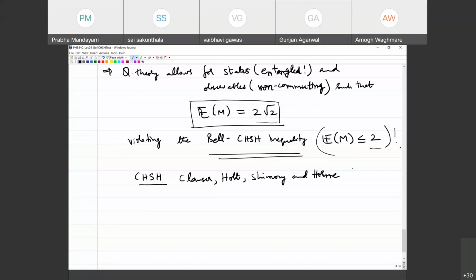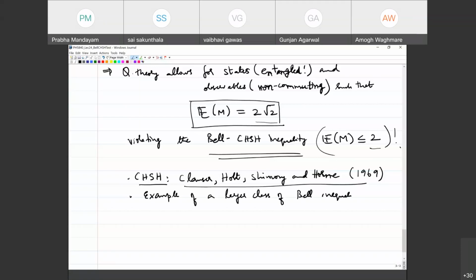So this particular form of this inequality was written down by these guys in 1969, right? This is a specific example of a larger class of Bell inequalities. Okay, so the idea that you could write down an inequality based on a local realistic theory, and then identify quantum states and observables that violate it, right?